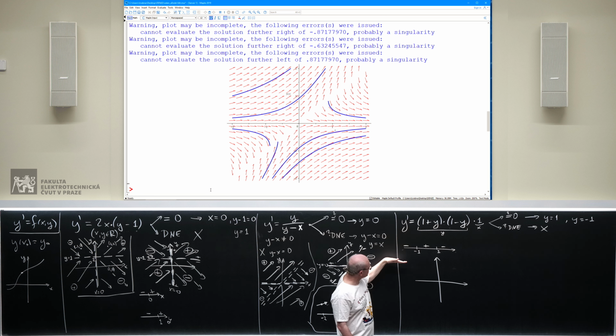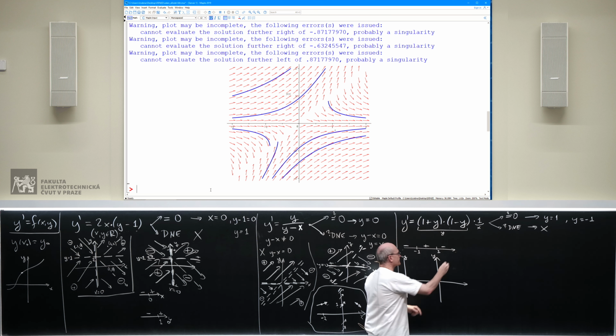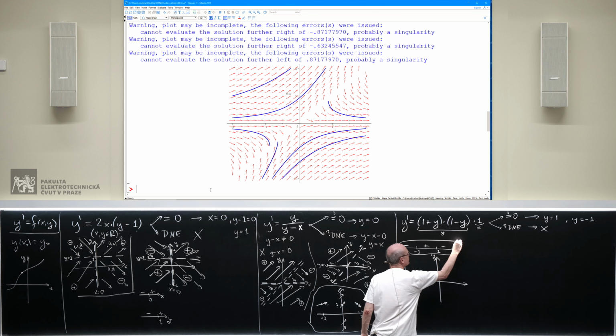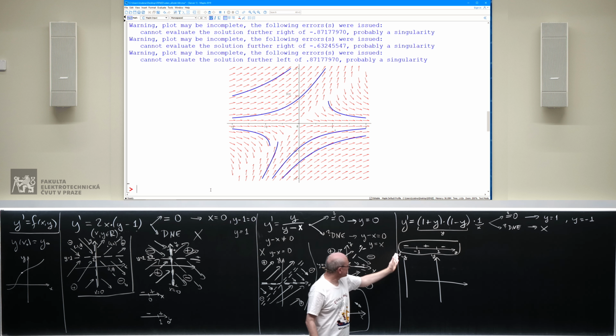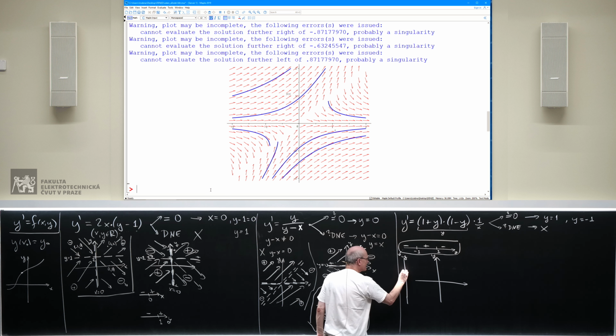So the y influence spreads in the horizontal direction. And therefore, it makes sense to sketch my resulting picture, this picture, for y, in a vertical way. See, it aligns nicely with the y-axis. And on this picture over here, I'm going to record my conclusions.